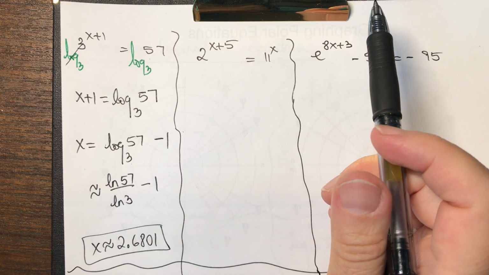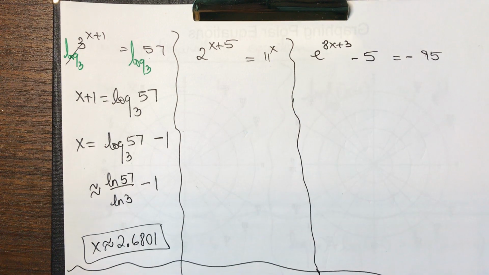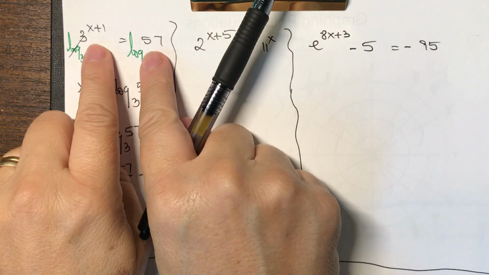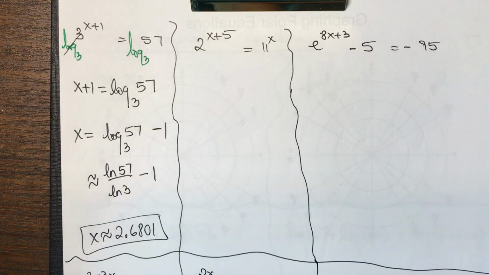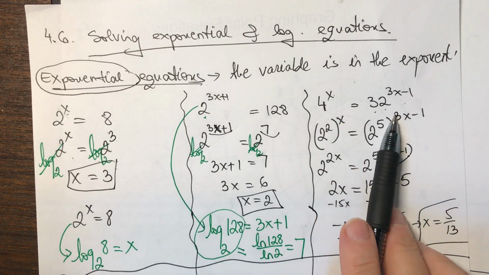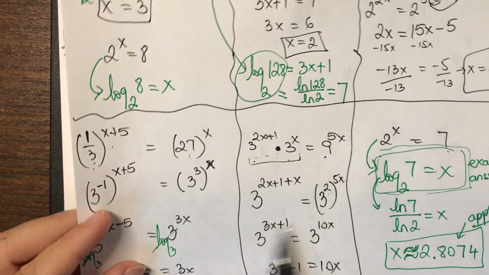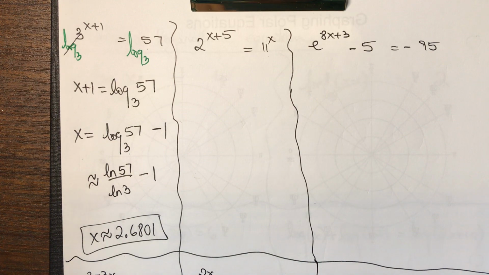But I'm going to make this even faster. On the last 2 problems, when the equations did not have a common base on both sides, like problems 1 through 5, we could rewrite these as a common base. So there's a 3 on both sides, we could just drop the bases, or a 2 on both sides, we could just drop the bases.